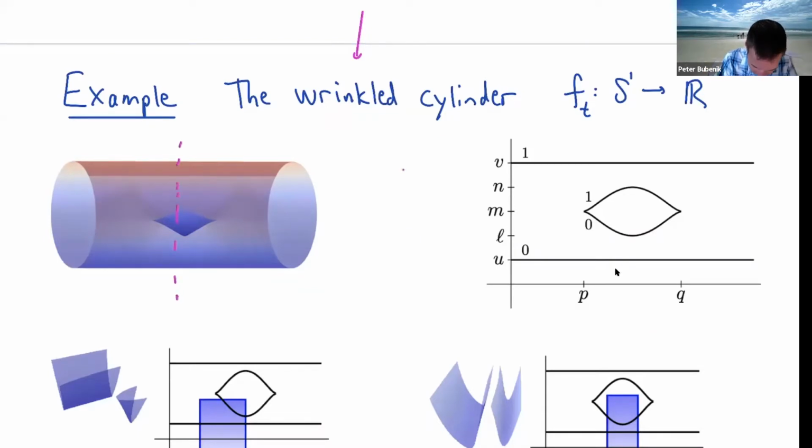Going through here, it looks something like this, cutting through the wrinkle here. The 4 critical points are these 4 here. So this is degree 0, 0, 1, and 1.